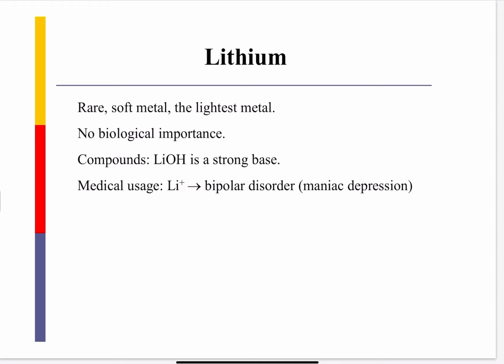The first element of this group is lithium. It has a 2s1 electron configuration in the valence shell, and it's a very soft metal and the lightest metal in the world. It has no biological importance, but we use it in medicine, because lithium plus can be used for bipolar disorder or manic depression.